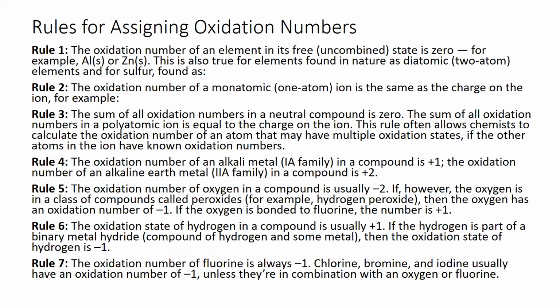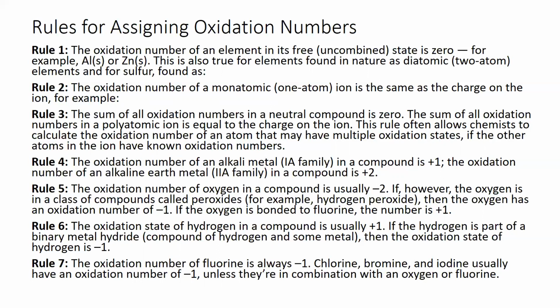You can follow these rules. Elements have oxidation numbers of 0. Monoatomic ions have oxidation numbers equal to the charge of the ion. If you add up all of the oxidation numbers of a neutral compound, it's 0. The total charge should equal 0 if it's a neutral compound. But the sum of the oxidation numbers of a polyatomic ion is equal to the charge of the ion. Using these rules, alkali metals are +1, alkaline earth metals tend to be +2, unless that particular element is bonded to an element with an electronegativity difference that would govern it in a different way.